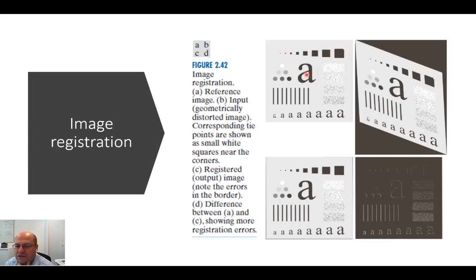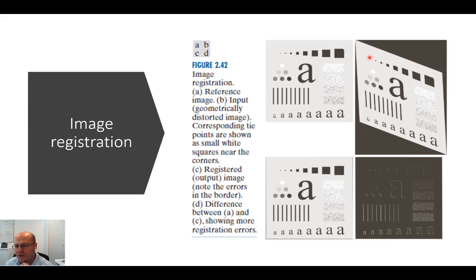Imagine that in this example, this is the original image. This is the twisted, geometrically distorted image, and I don't have this one. I want to get the original image from that.